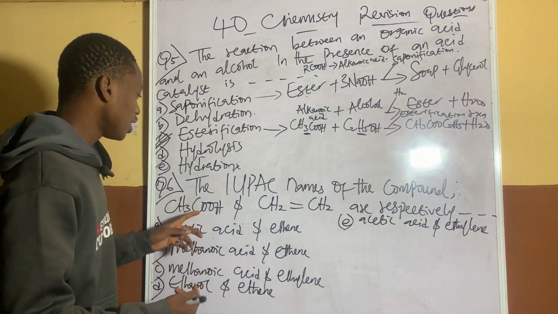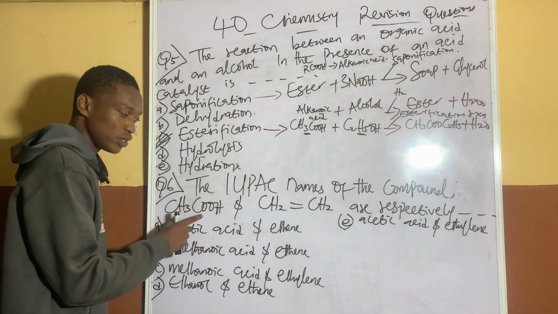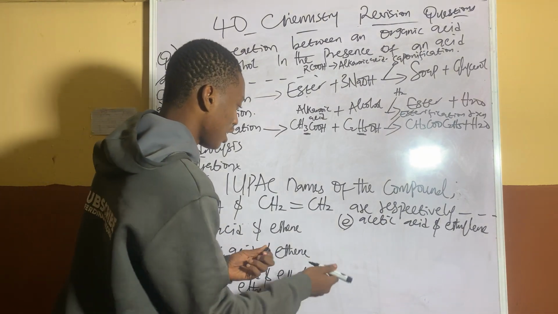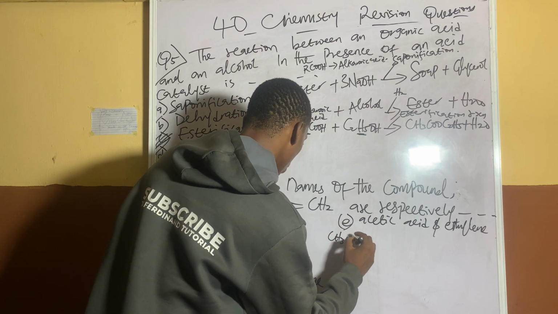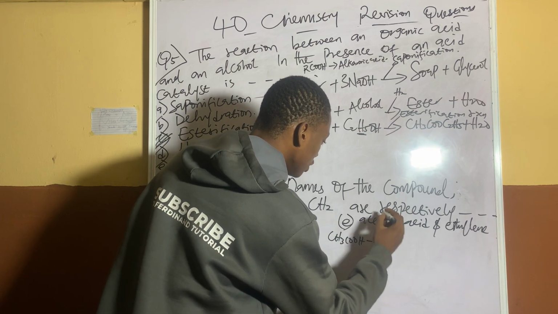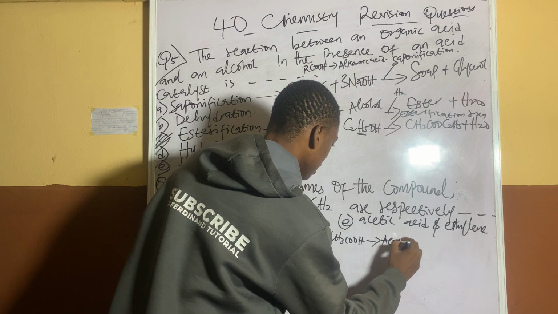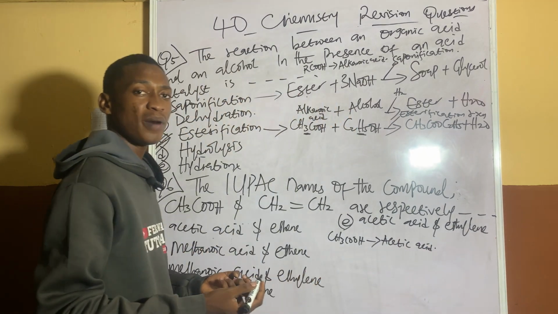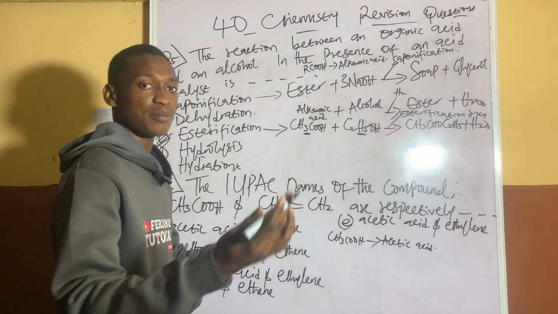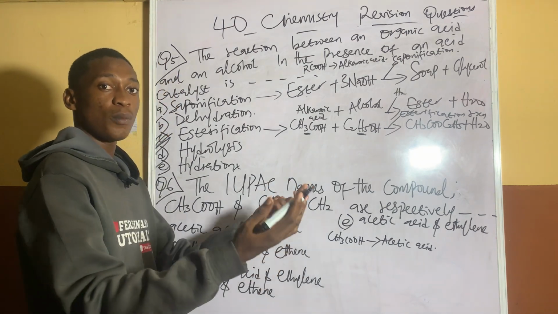The common name of this particular compound, CH3COOH, is acetic acid. When we're talking about common names, these are names that those selling it in the labs usually know, names that the common man calls it.